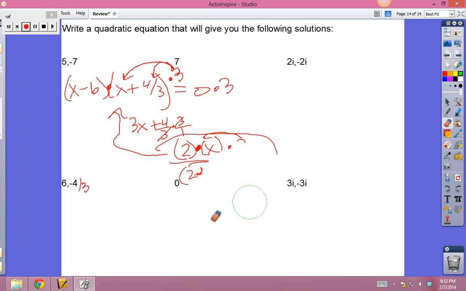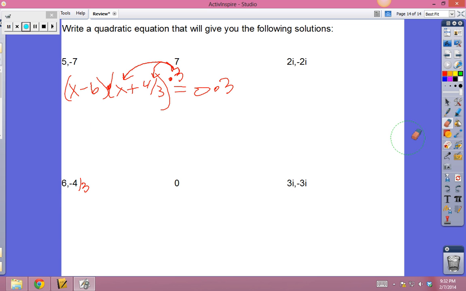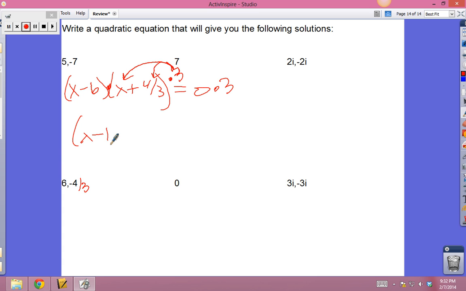So if I times the left hand side by 3, I get x minus 6 times 3x plus 4, and that is equal to, I got to times the right hand side by 3, and that's still 0.